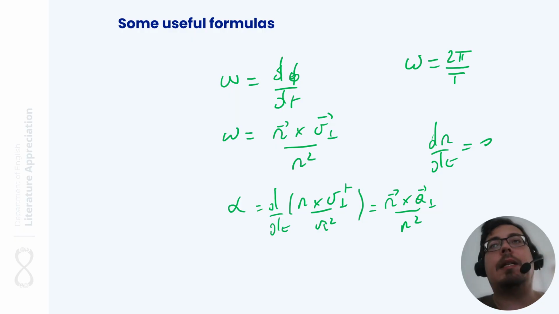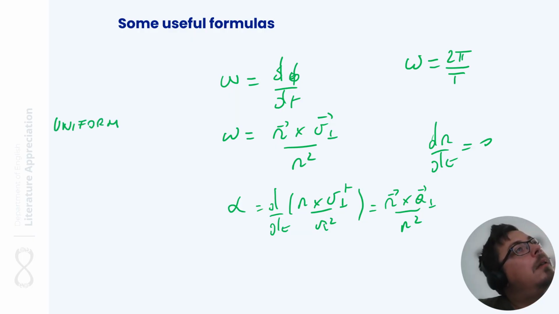The period is the time that it takes to reach the same position as at the beginning. Okay, so dr/dt is 0 because remember that this is a uniform circular motion.